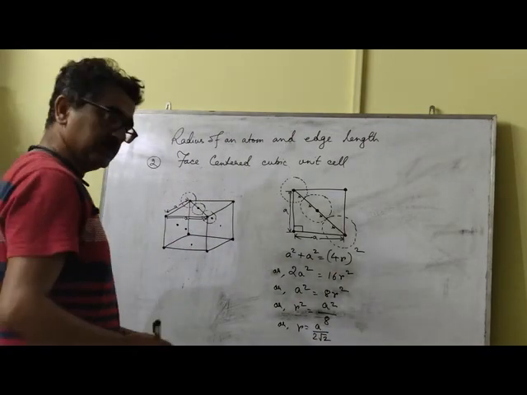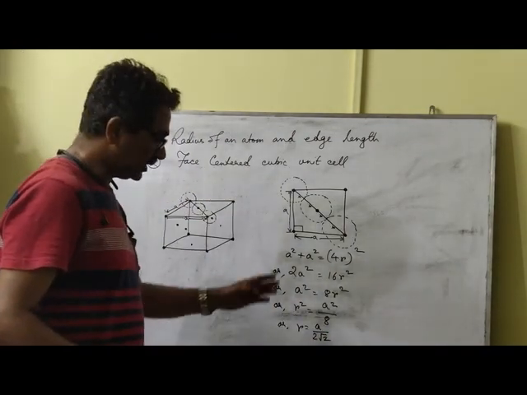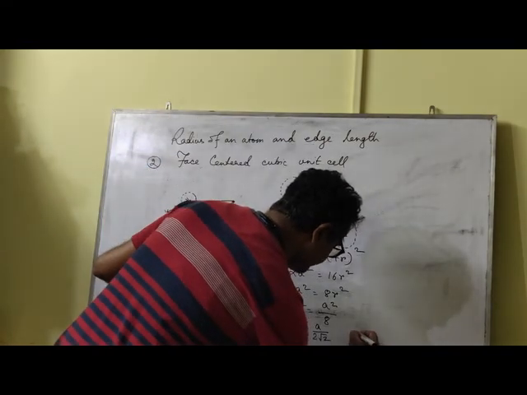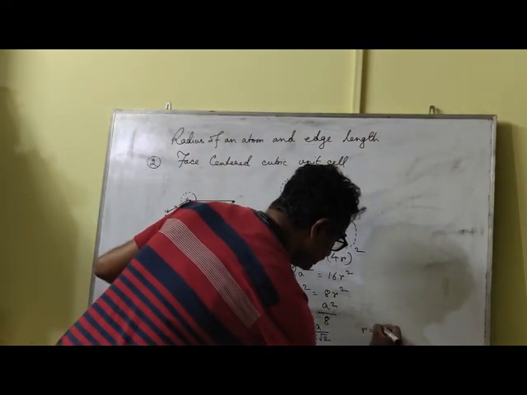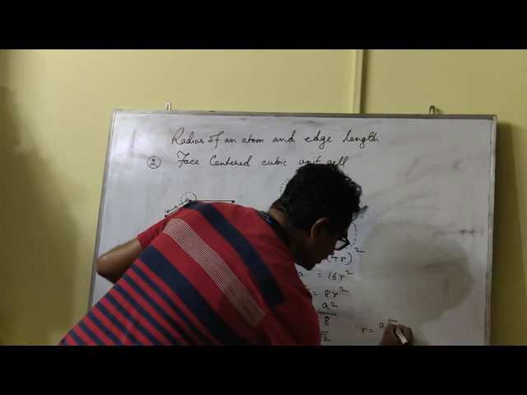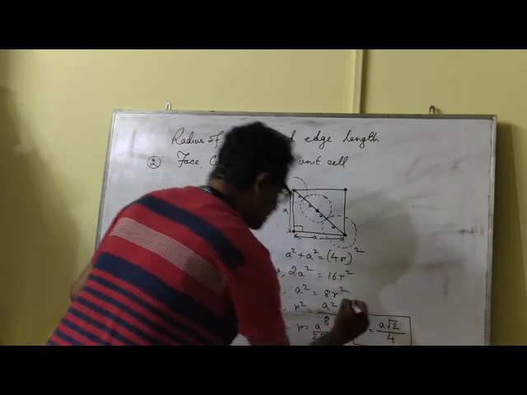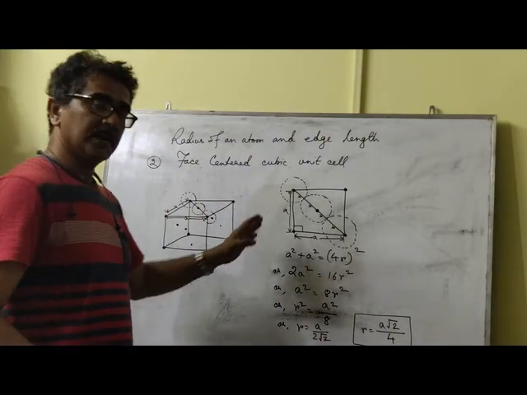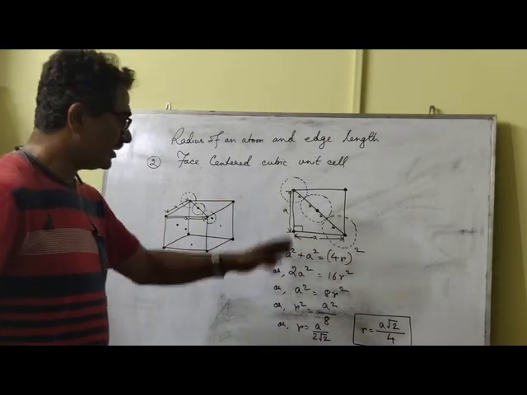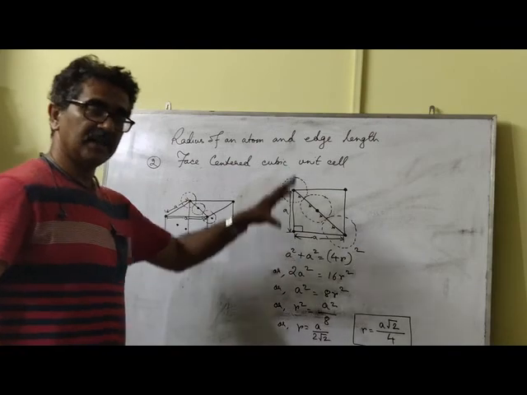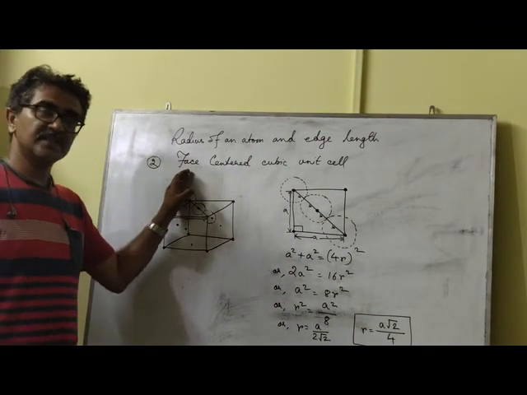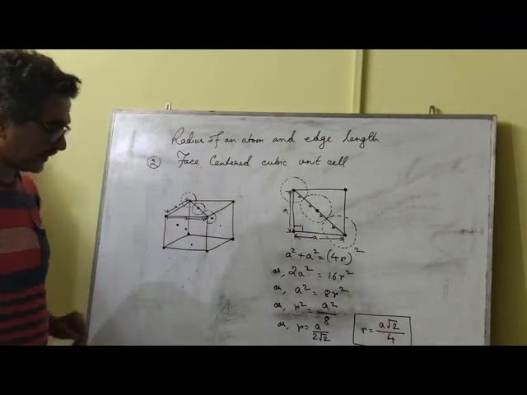Now multiplying root 2 with both numerator and denominator, we get r is equal to a root 2 divided by 4. So this is the second relationship between the radius of the atom and the edge length in a cubic unit cell, which is of face-centered type.